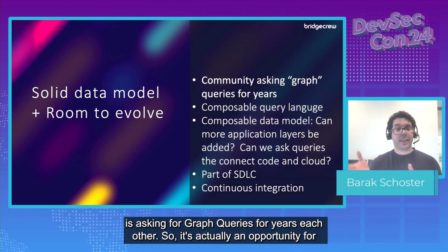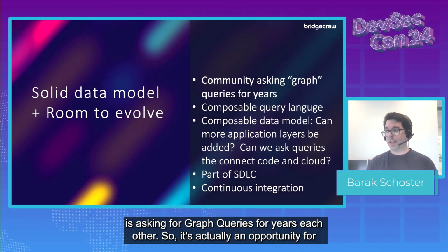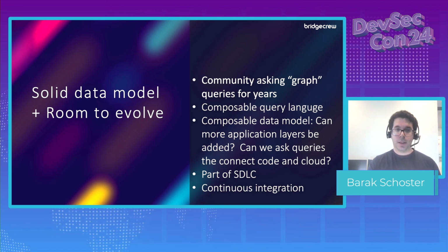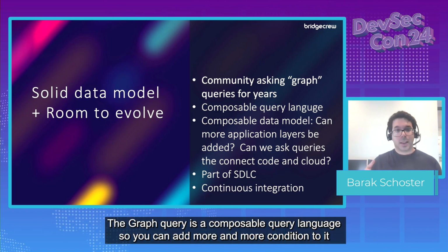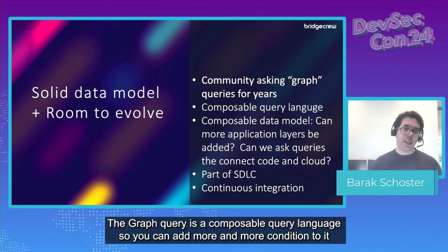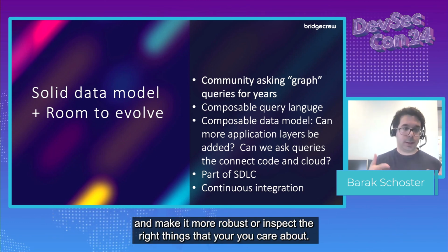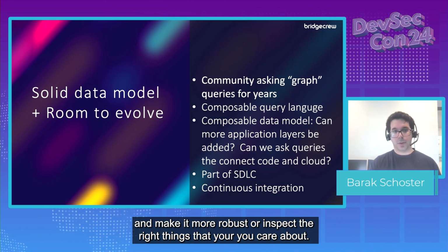The community has been asking for graph queries for years. So it's actually an opportunity for the community to contribute more and more policies into Checkov as a shared hub of best practices. The graph query is a composable query language, so you can add more and more conditions to it and make it more robust or inspect the right things that you care about.